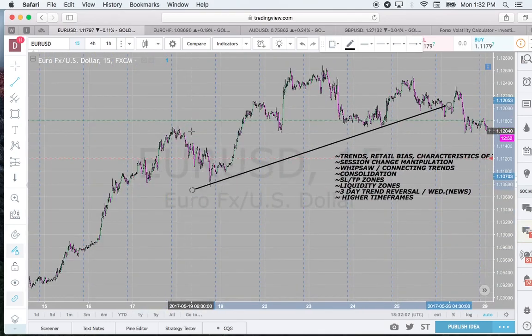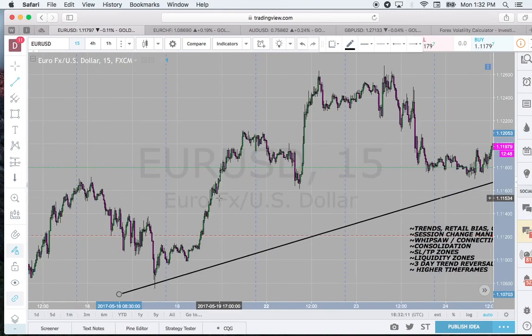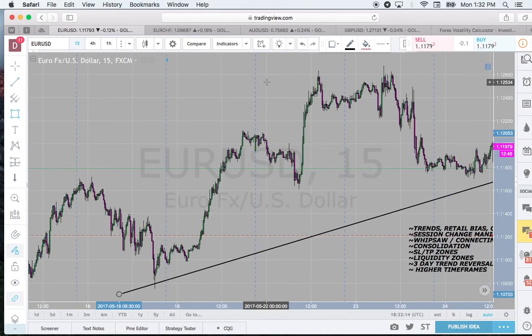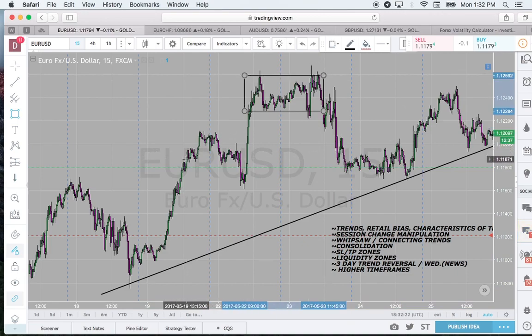But what do you see as well? You can also see there are these consolidation zones. There are obvious zones where price stays in consolidation and does not really move.